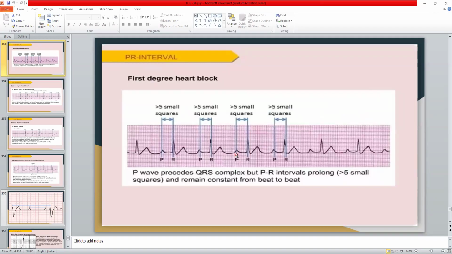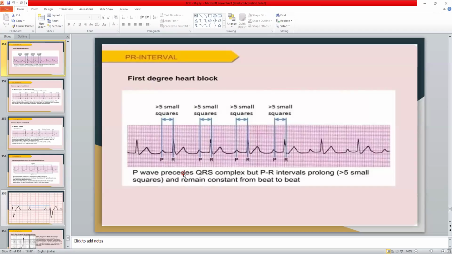In the Mobitz type 1, it is not the same because each time the PR interval goes on increasing, so your RR interval also will increase. So here it is not a regular interval. I told you yesterday, there are two methods for calculating the heart rate: the rule of 300, and the 10-second rule.